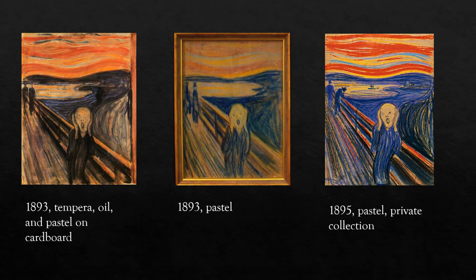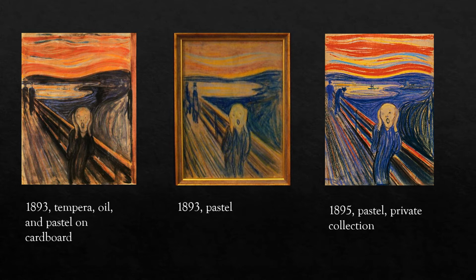So here I just wanted to include the 4 versions and the lithographic. I also want to state that the first painting is the painting that I chose to focus on for my project. This first painting was done in 1893, and then in 1893 he also made a second, and that was in pastel.